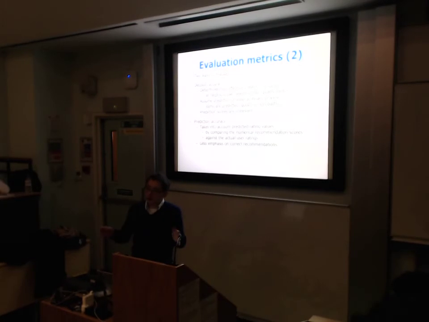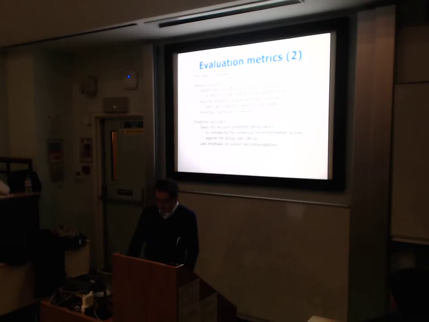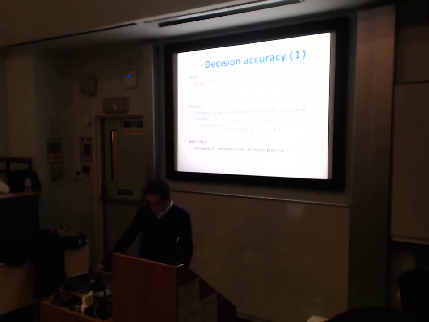I have this metric, and therefore I want to make a prediction. I predict 5, and if the rating indeed is 5, the error is 0. If the rating is indeed 4, then I have an error of 1. So you can actually look at this accuracy as well.